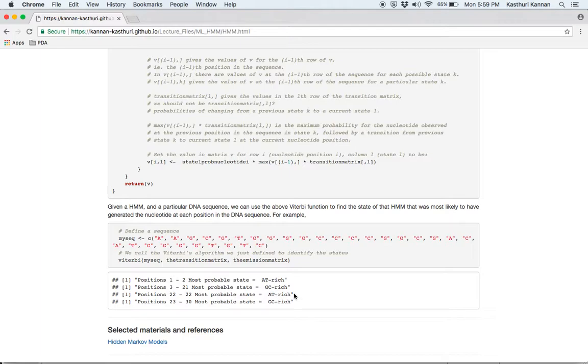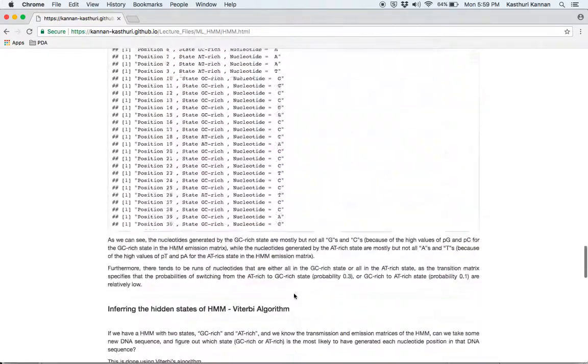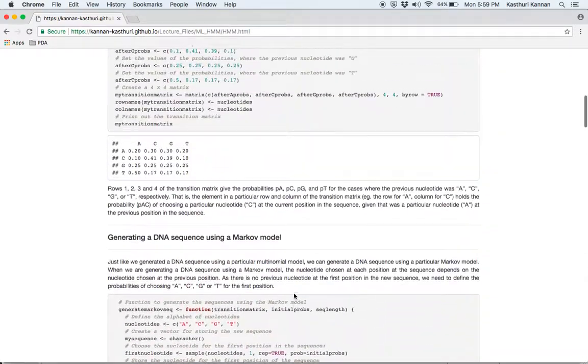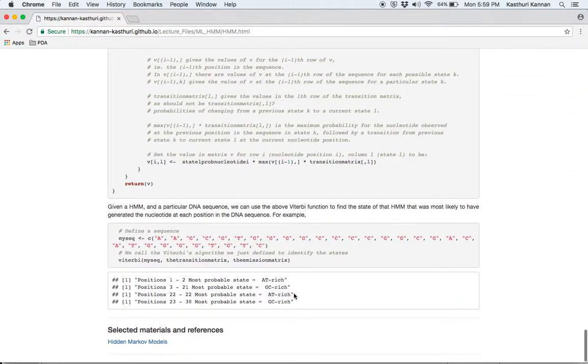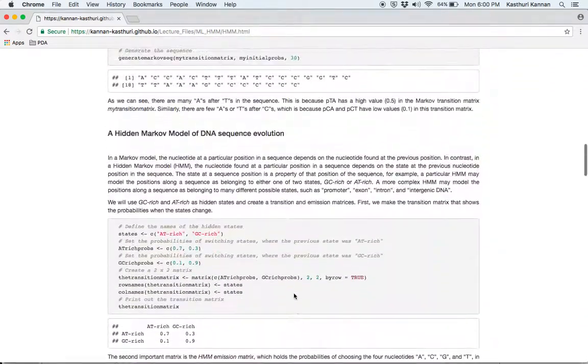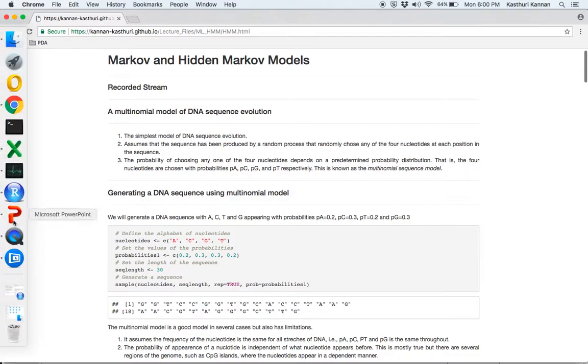That's where hidden Markov models are extremely powerful, because most of the time we will be seeing only the observations. We will not know what exact states constitute those observations, and this can be a powerful tool for identifying that.